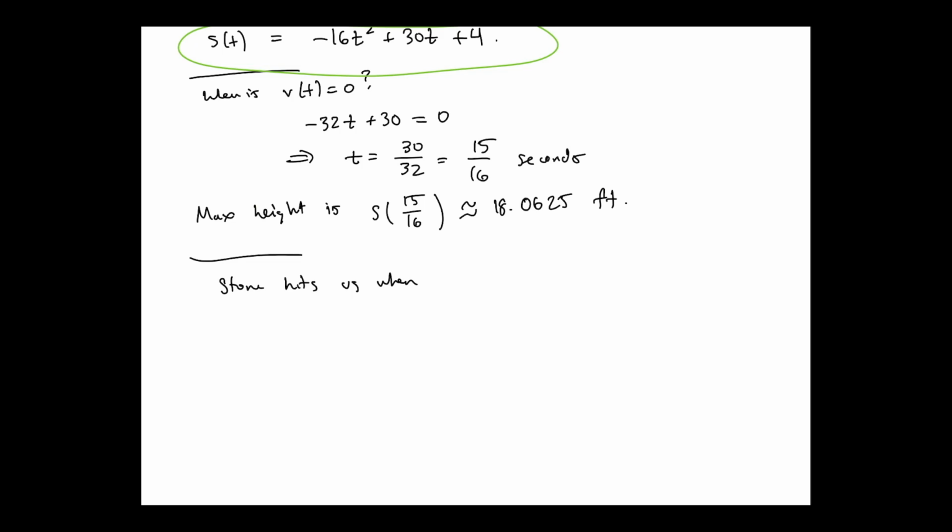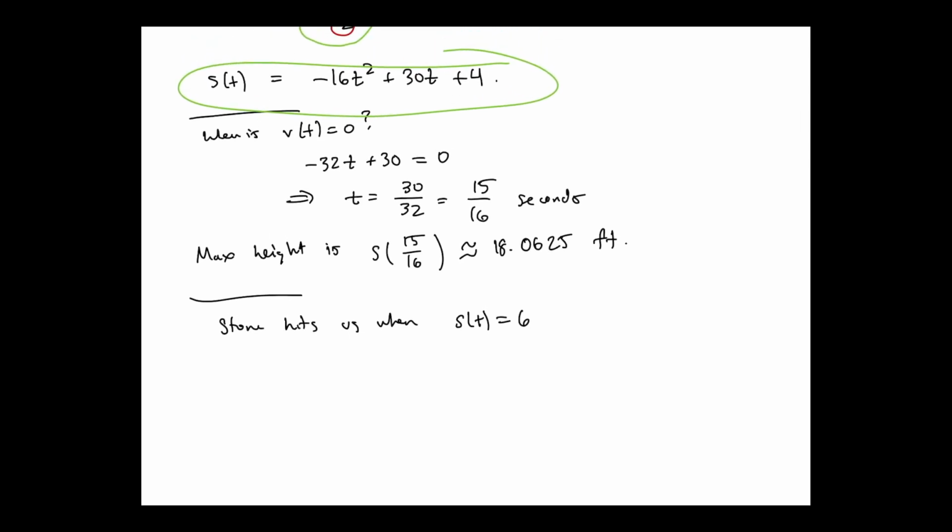Okay, so the stone hits us when s of t equals 6. So we want to know at what time the height is equal to 6 meters, or feet, excuse me. I'm not 6 meters tall. So what do I need to do there?